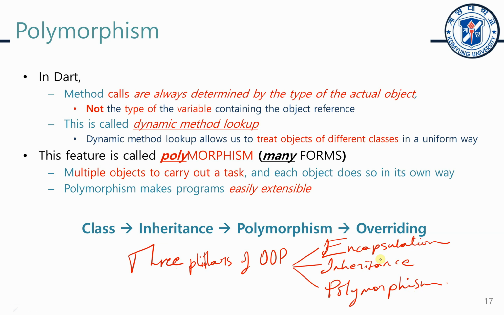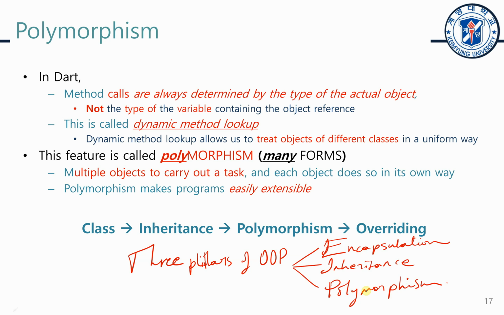Encapsulation is the process of hiding data from outside and then accessing them through a public interface, or what we call the methods. And inheritance is the process of extending the functionalities and methods of a superclass into subclasses or different classes.